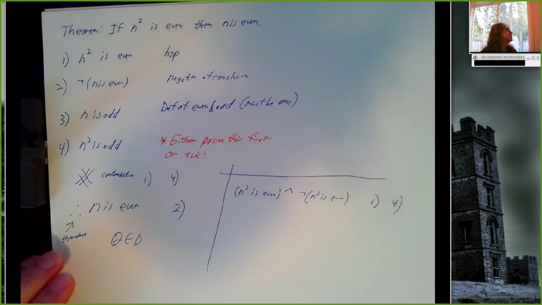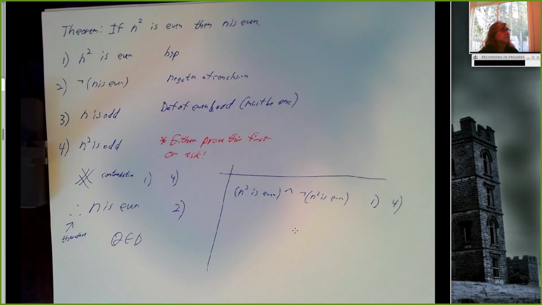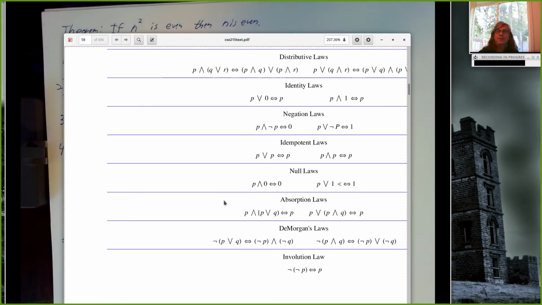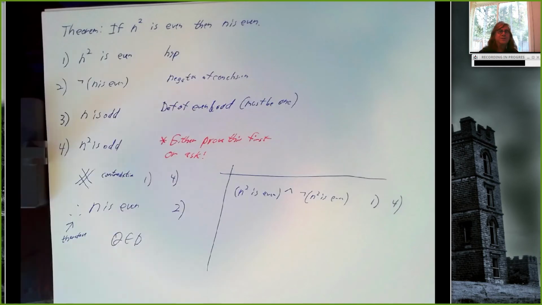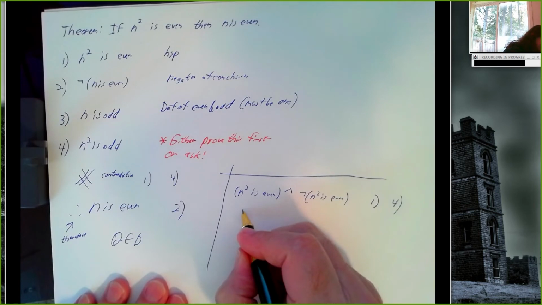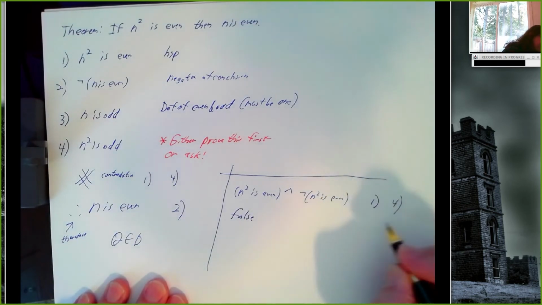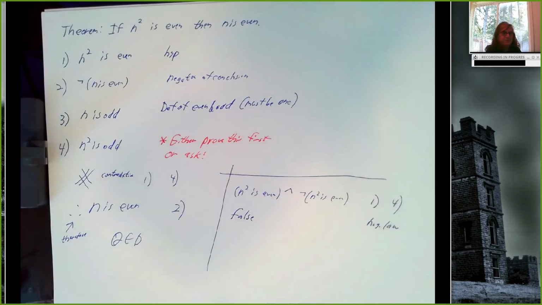And then we could use one of our page 58, 59 gizmos. And we could say P and not P is equivalent to false. So that's a negation law. And so we could write false. And then false is the quintessential contradiction.